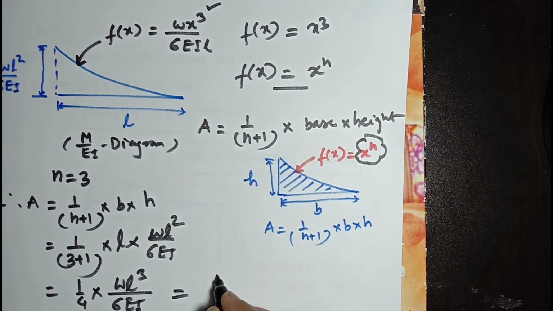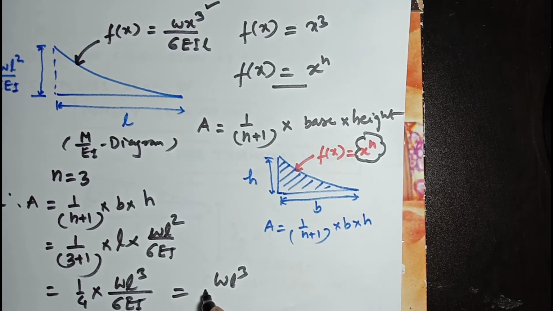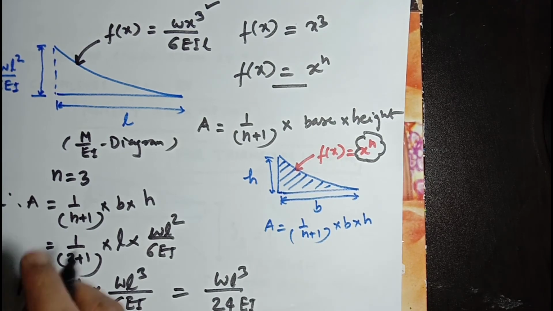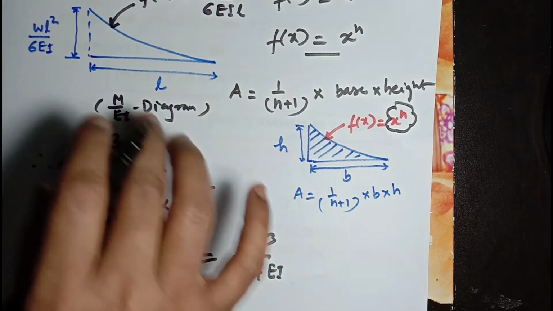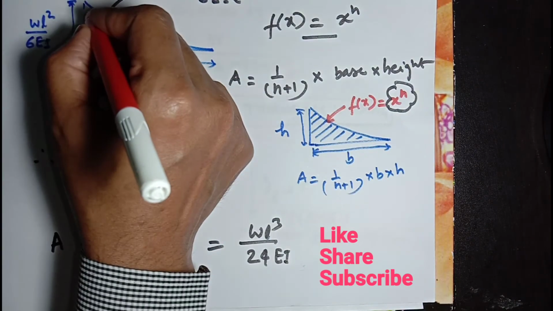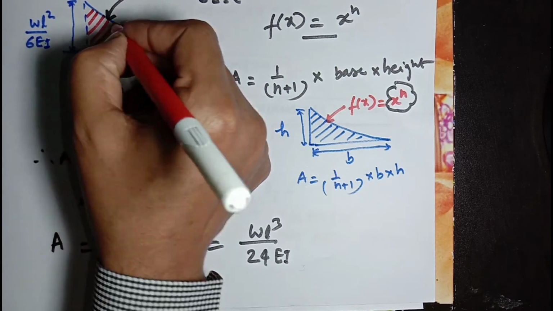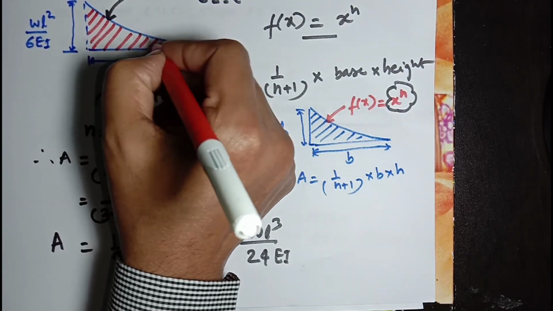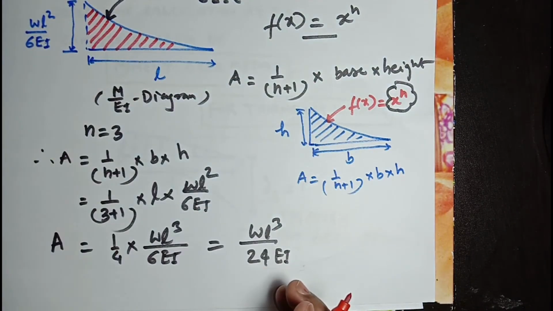So we can say wL cube divided by 24EI. This is the area of this M over EI diagram. This area that I am shading here is the area of this M over EI diagram.